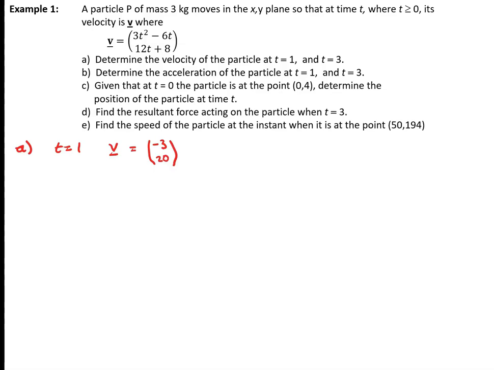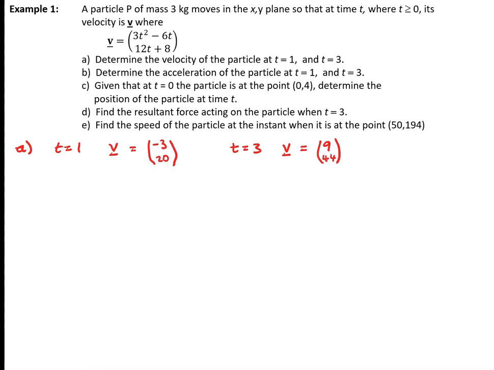When t equals 3, the velocity is going to be 3 times 3 squared take away 6 times 3, which gives me 9 as the x component, and 12 times 3 plus 8, which gives me 44 for the y component. So when t equals 3, the velocity is given by the vector (9, 44).